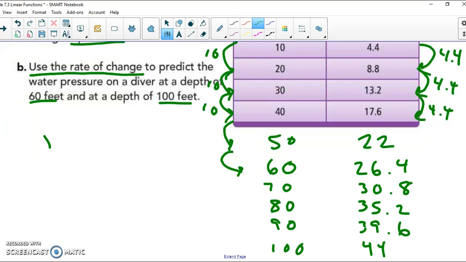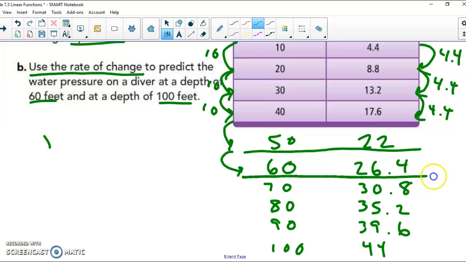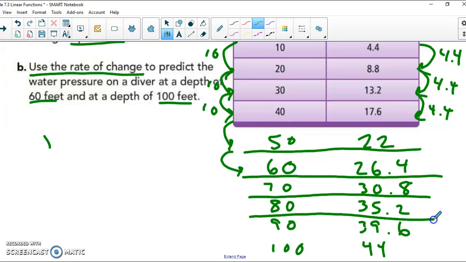All right, so as we take a second to extend our table here, we find that at a depth of 50 feet, the diver is going to experience 22 pounds per square inch of pressure, and we can continue extending this table to help us make some predictions.